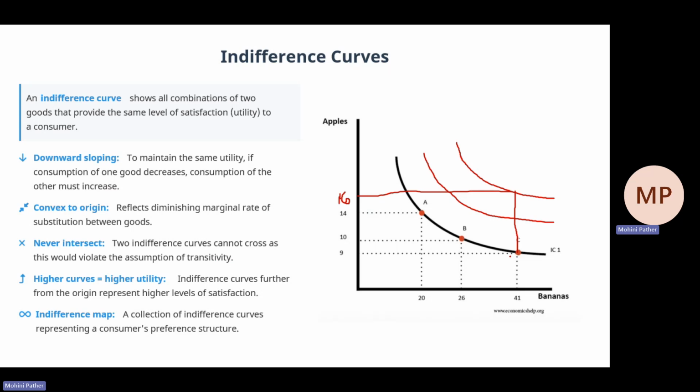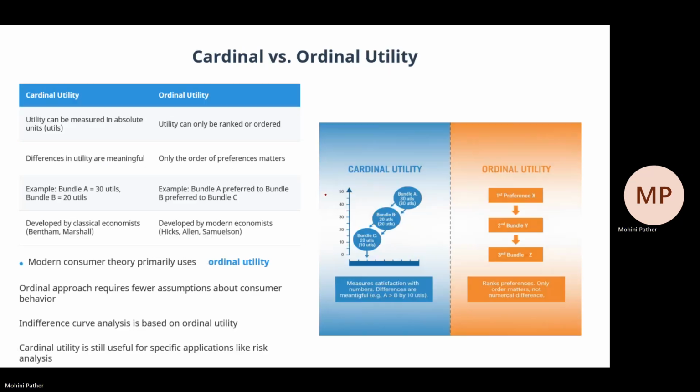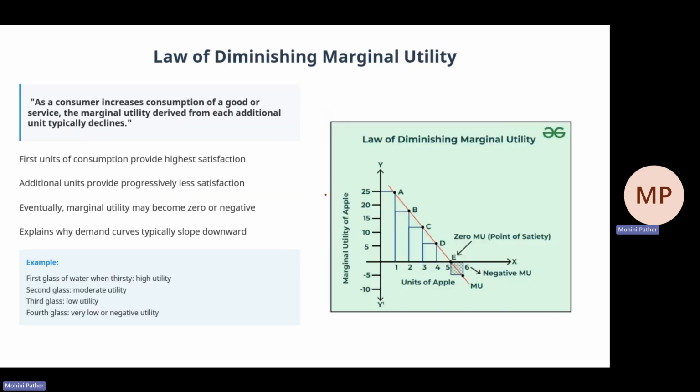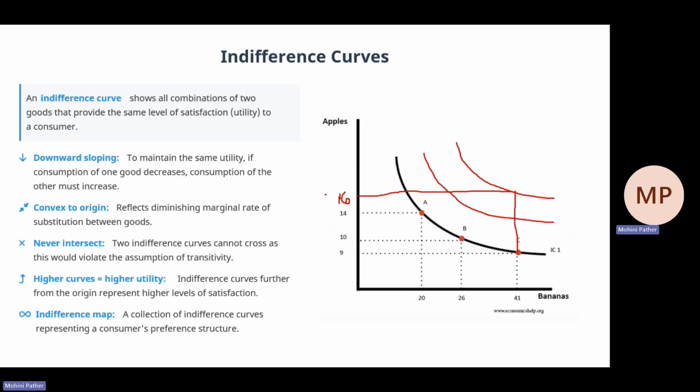So the indifference curve is a representation of the utility of a consumer from consuming two separate products. Okay, so here, these curves are slightly different in that instead of reflecting, for example, price and quantity, as you would expect a demand curve to depict, we instead have our two products.